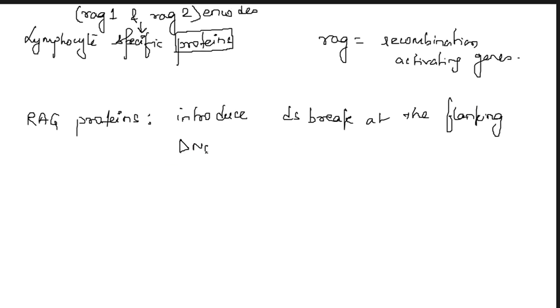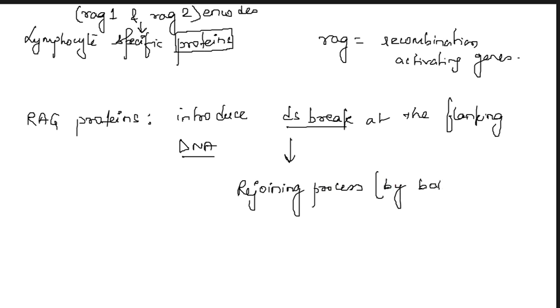After this double stranded break at the flanking DNA, what happens? It is followed by a rejoining process, and this rejoining process is mediated by both the RAG proteins, that is RAG1 and RAG2, and also by some DNA double stranded repair enzymes.